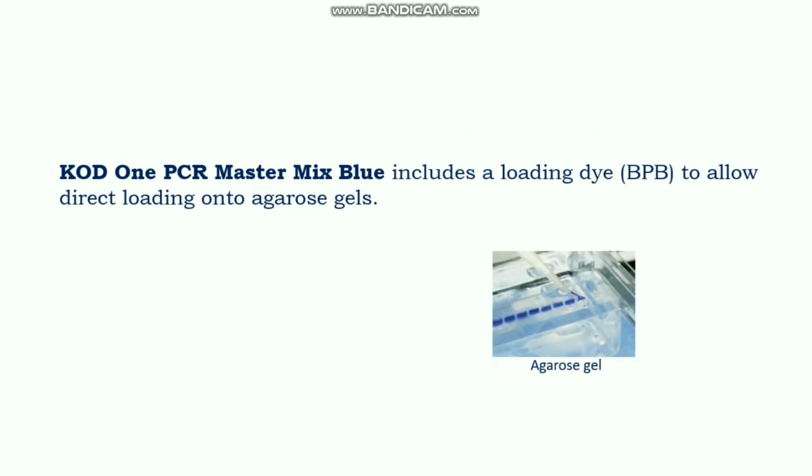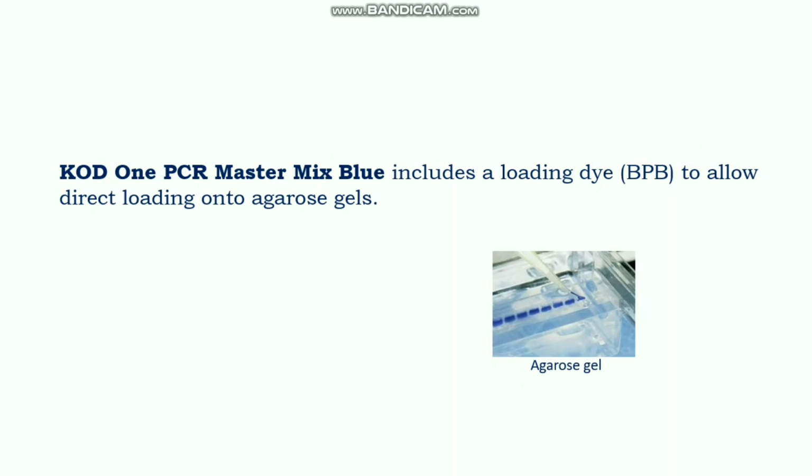So next is the KOD1 PCR master mix Blue. This is also KOD1, but the loading dye is included in this product. All of the features are the same as KOD1, but you can load your PCR product directly onto the agarose gel.